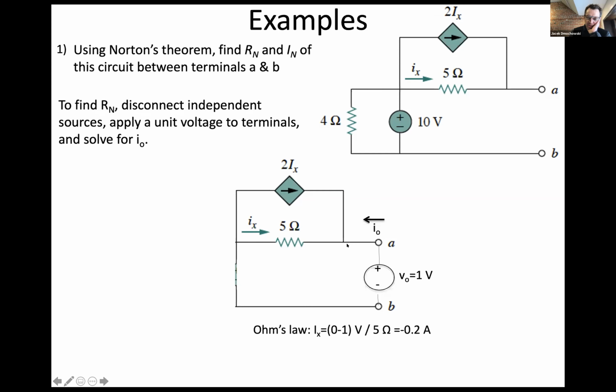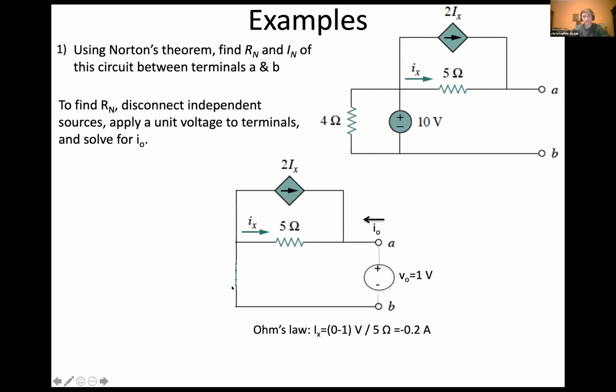So how did I get the 0 over here? That's my question. This point here is sitting at 1 volt, right? This is ground. This is 1 volt. But why is this node at 0? It's the same node.